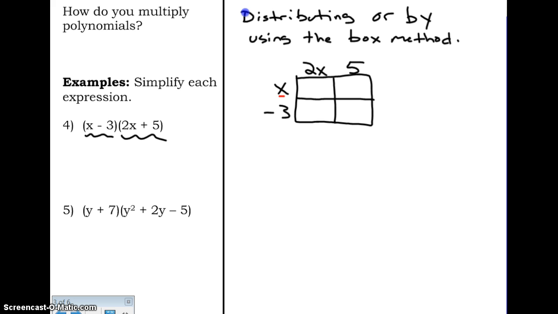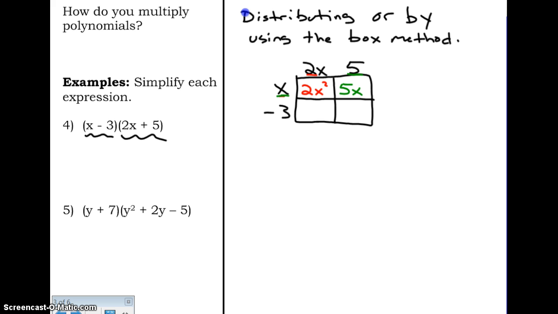I'm going to take this x and multiply 2x, and we're going to get 2x squared. And then we're going to take this x and multiply it to the 5, and that's going to be 5x.